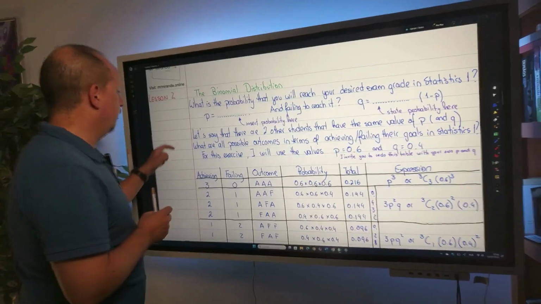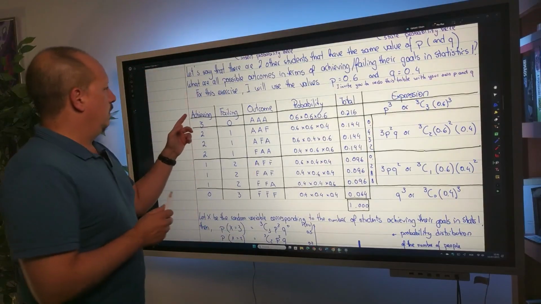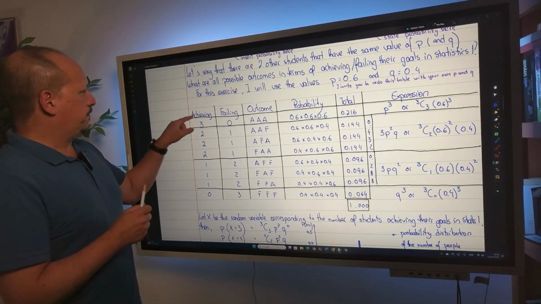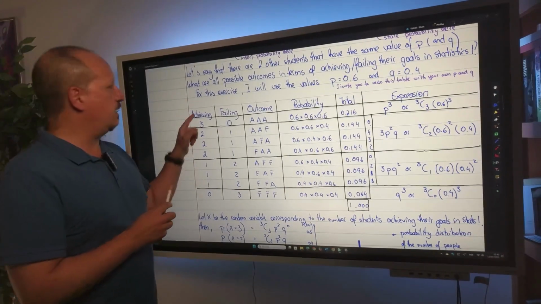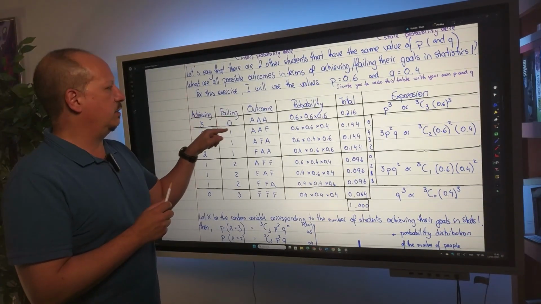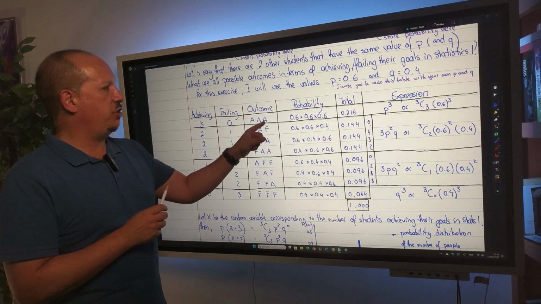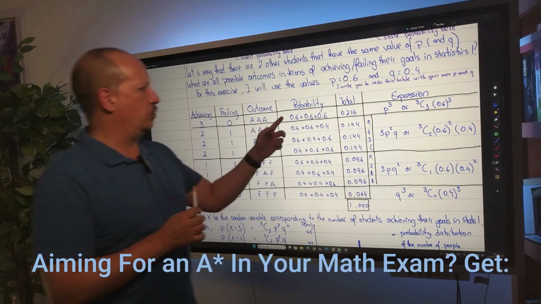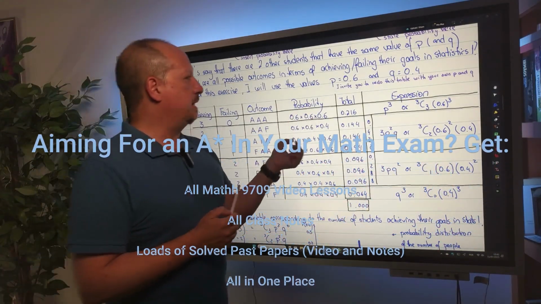So I created here a table with all possible outcomes. This first line corresponds to the situation in which the 3 students achieve their goal. This means that none of them fail. So the outcome is A, achieve, achieve, achieve. And what is the probability? It's going to be 0.6 times 0.6 times 0.6, or 0.6 cubed.